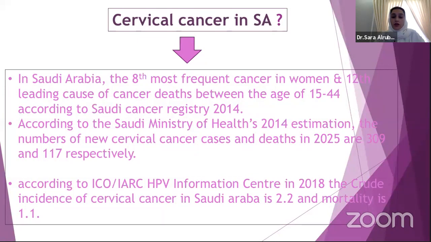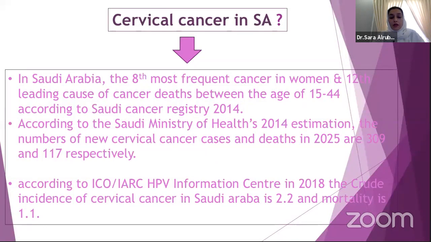This is according to the 2014 registry, and the last registry done, in 2016 at the Cancer Registry Center in Riyadh, shows no big difference in these numbers. According to the Saudi Ministry of Health in 2014, they estimated that the incidence of cervical cancer by 2025 is going to be 309, and deaths are going to be 117.